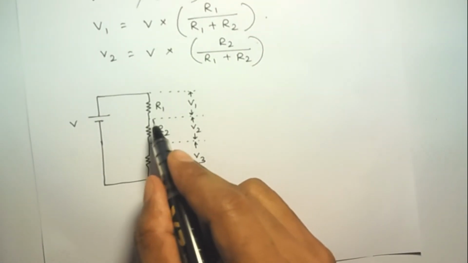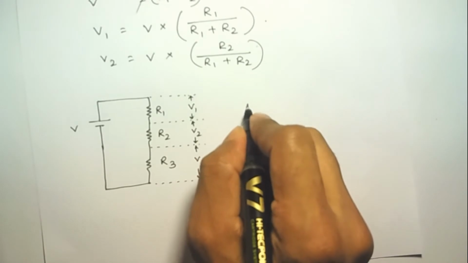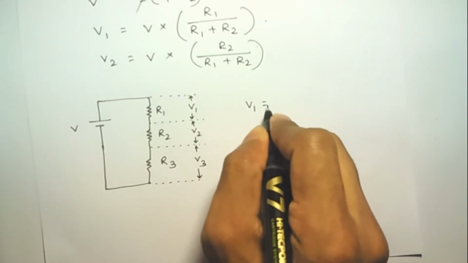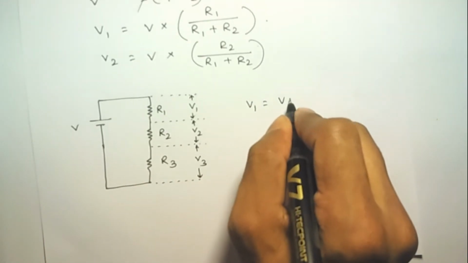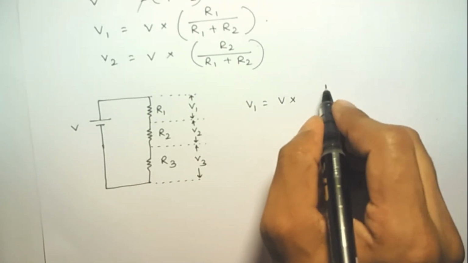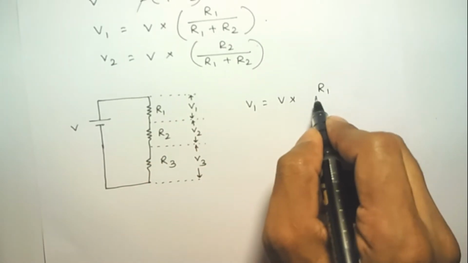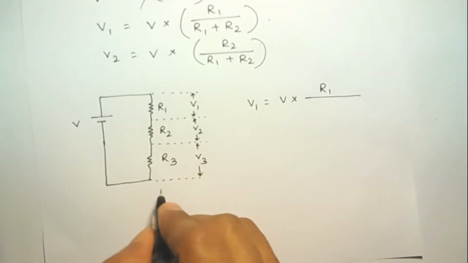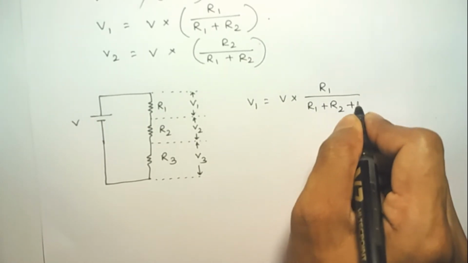If we increase the number of resistances in series connection, then V1 equals the total voltage V multiplied by R1 divided by the total resistance R1 plus R2 plus R3.